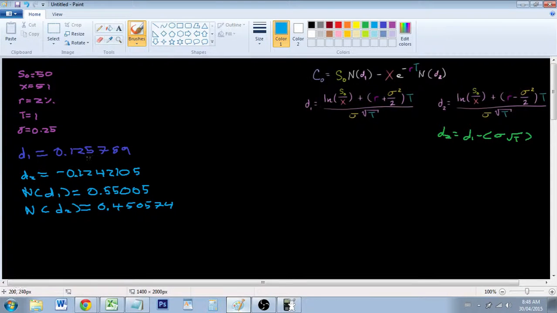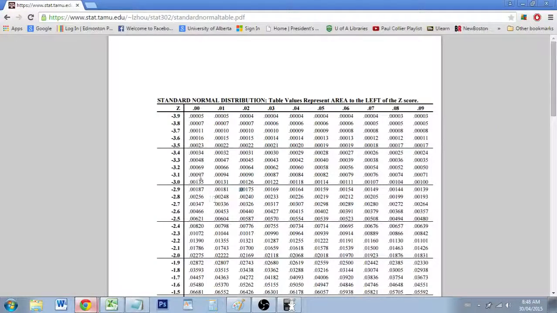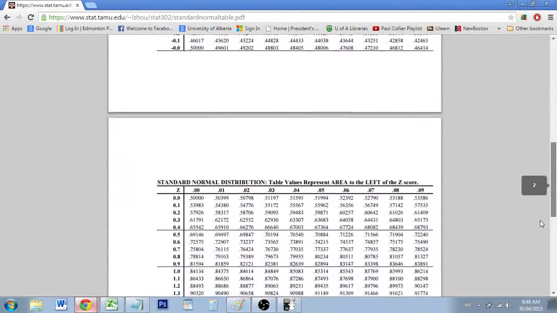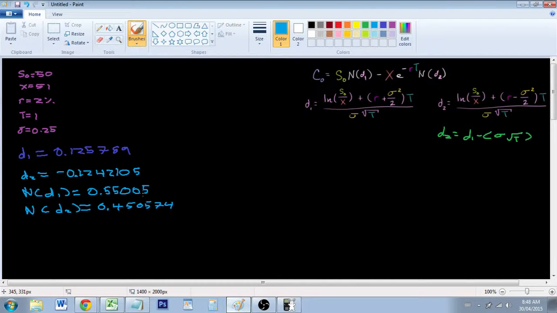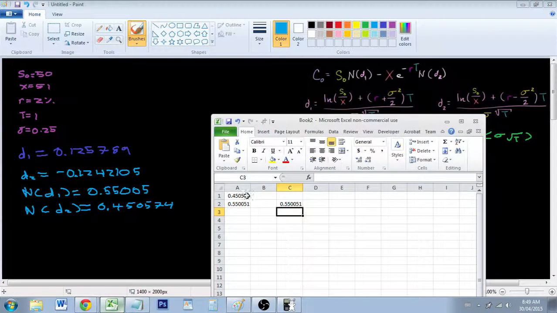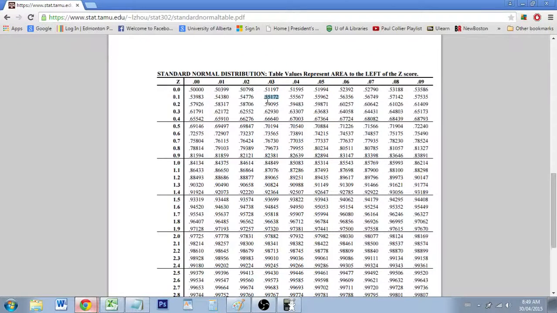We're looking for 0.125, so 0.1, and then 25, it's about 3, so 0.55172. That doesn't seem quite right, does it? Okay, there's just a rounding error there. This is not going to many decimal places, so this is an approximation.